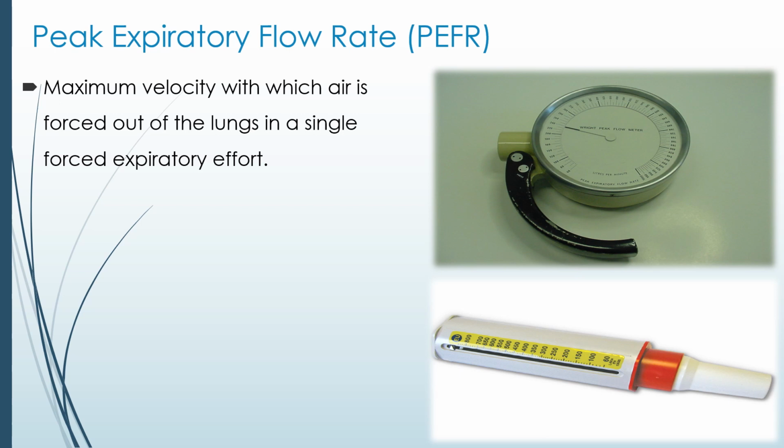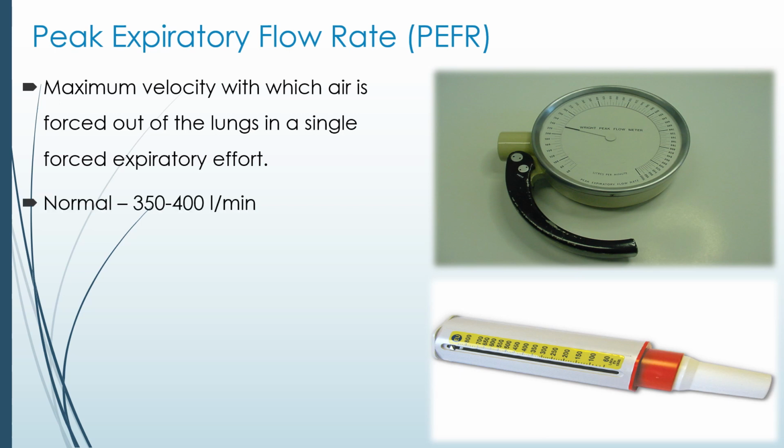This is how it is measured, and it can be easily used by patients even at home. They take the best three efforts, and it is a good and reproducible measure of the degree of airflow obstruction. So this is used by COPD patients.